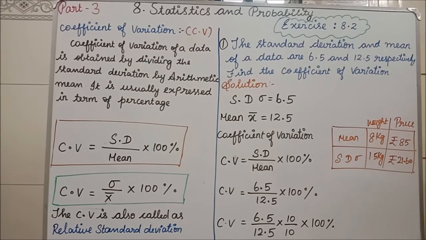What is this coefficient of variation? We will learn, then we will go for the definition. Comparison of two data in terms of measure of central tendency and dispersion in some cases will not be meaningful. In some cases it is not meaningful because the variables in the data may not have the same unit of measurement.